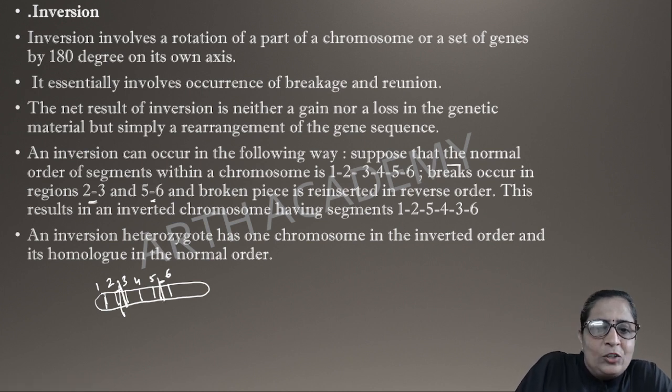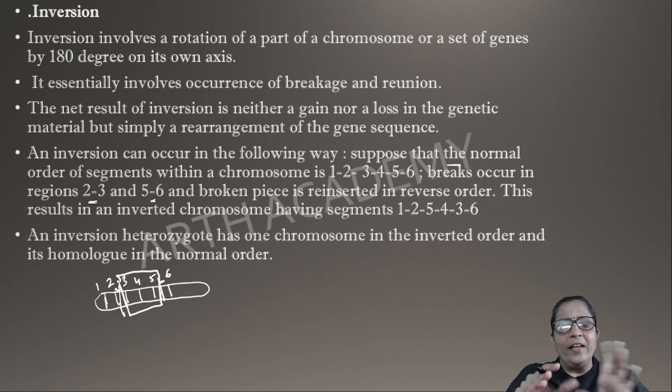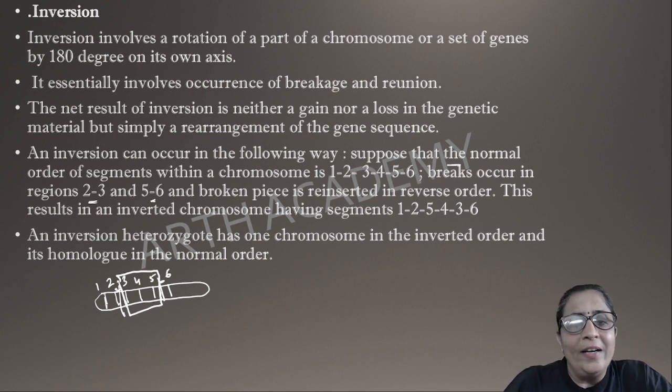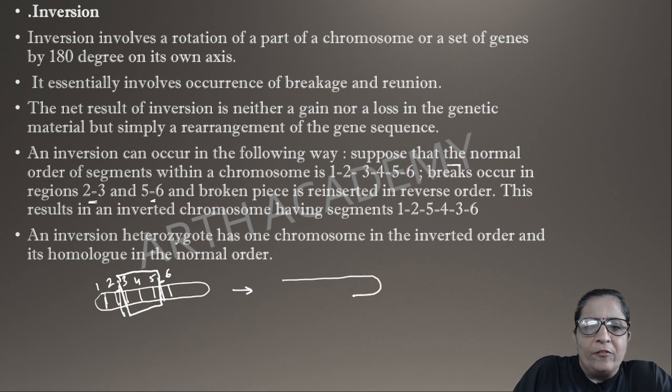सो ये वाला जो पार्ट है यहाँ से कट हो जाएगा. This will first break, okay, and then it will reverse. ठीक है, वहां से निकल गया, रोटेट हो गया 180 डिग्री, and then it will again go and unite there. So what you will get after the inversion, the order आपका क्या चेंज हो जाएगा, 1 2 तो ऐसे ही रहेगा, 1 and 2 it will be as it is.